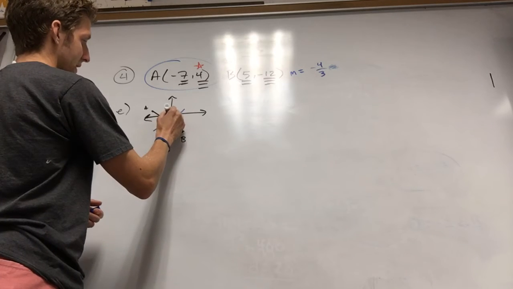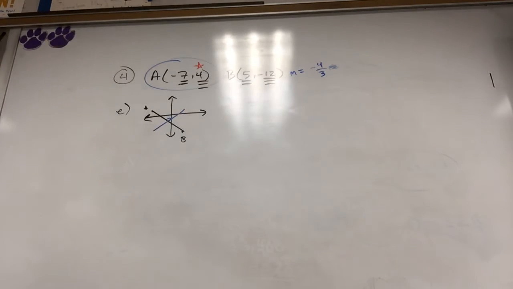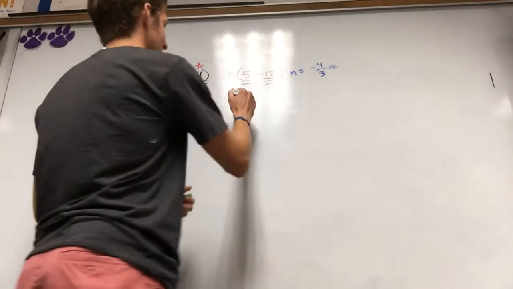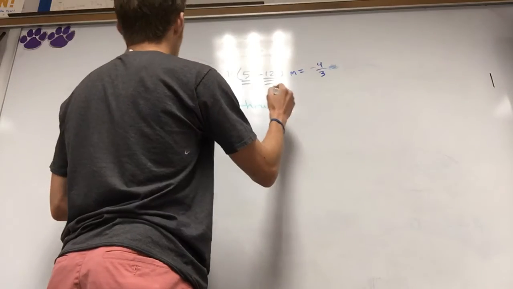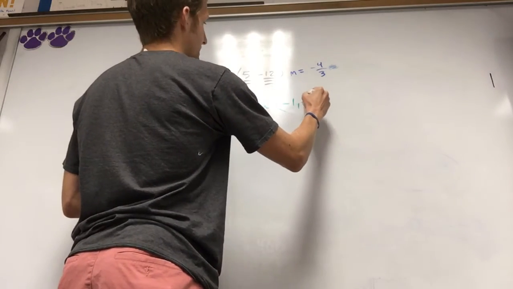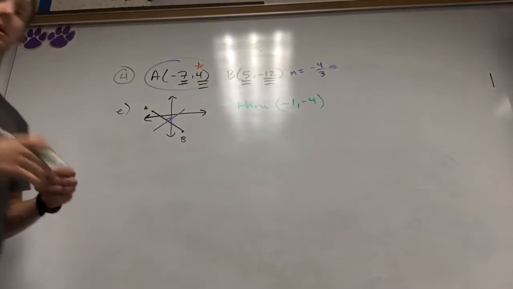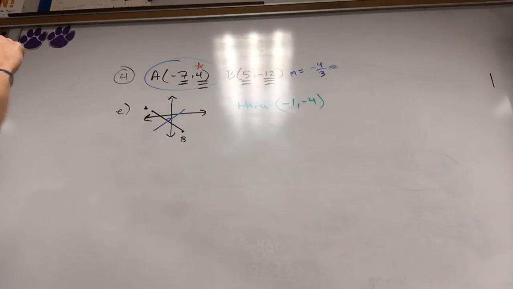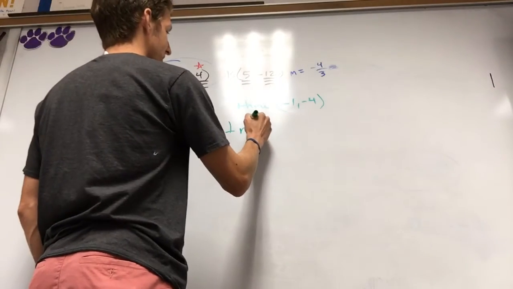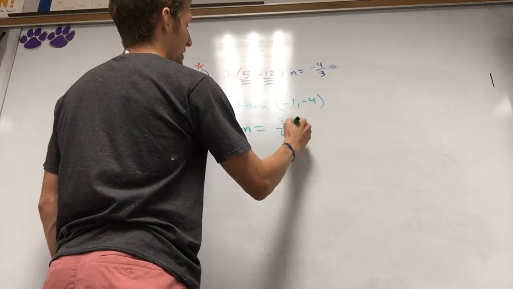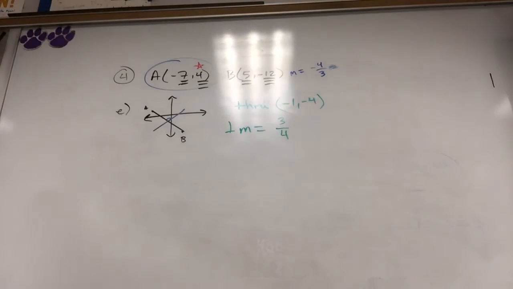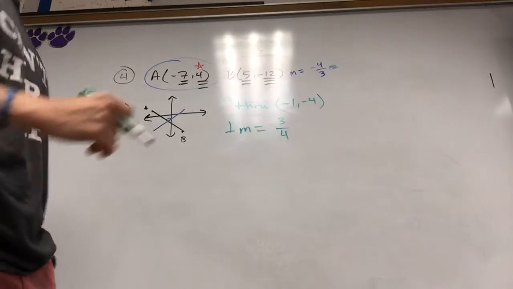Okay, and it would make a right angle. So not only would it go through the middle, so this has to go through -1, -4, because it's the bisector. It's also perpendicular. Remember, perpendicular lines have the opposite reciprocal slope.